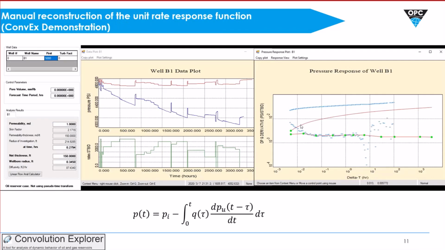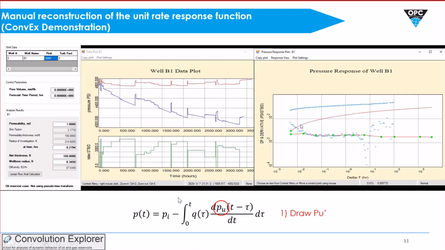And how it's different than automatic pressure rate convolution. So if we focus on the bottom equation again, remember this is the convolution integral. So what's different this time? Well, this time we are going to manually reconstruct the unit rate response function using this specialized software, ConvEx.